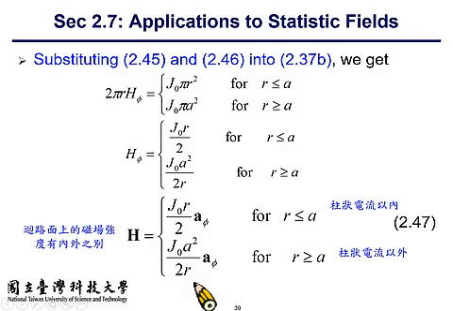And again, as I already mentioned, I would like to see the graphical representation for this solution. So you need to draw the solution for H. It will be a linear line for r smaller than a and a curved line for r greater than a.